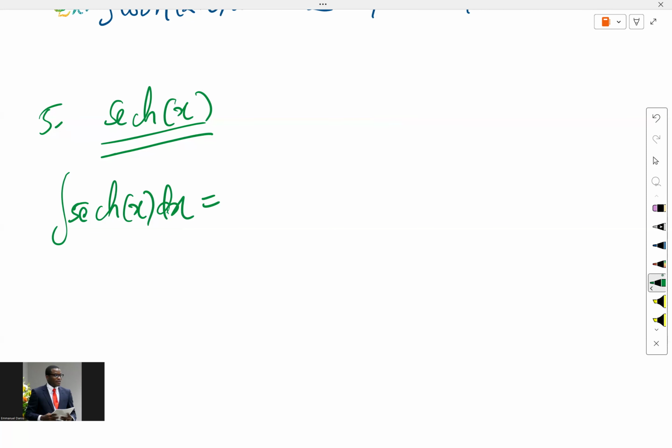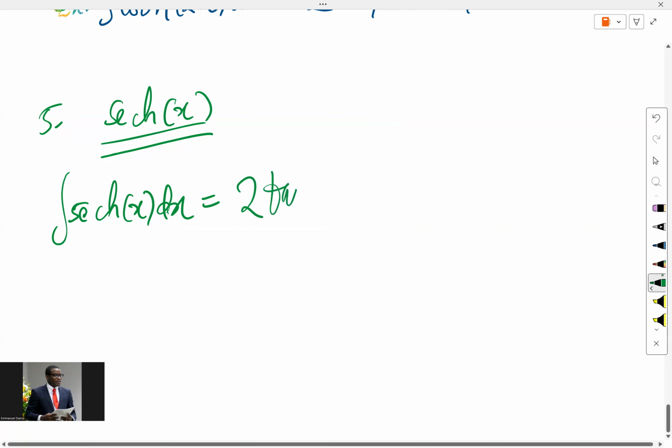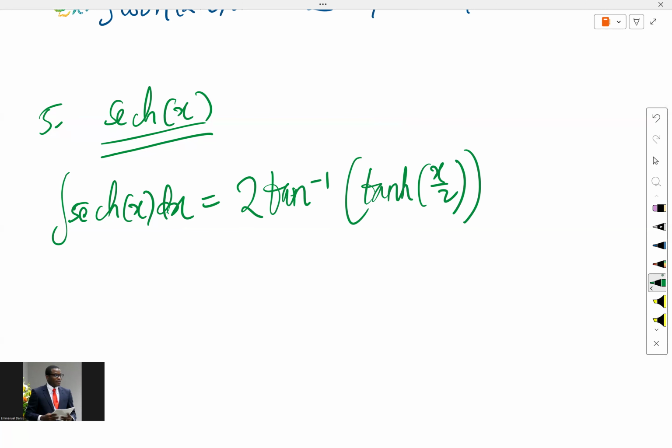And if you do all this, it leads to 2 arctan, actually 2 arctan of tan x over 2. That's what happens here. So 2 arctan of tan x over 2, like that.